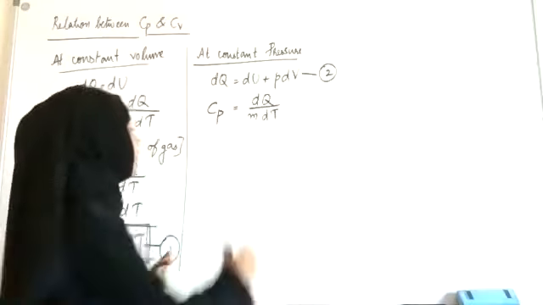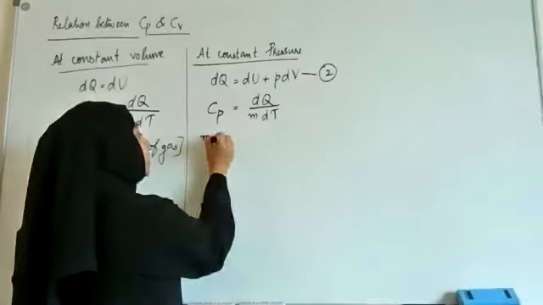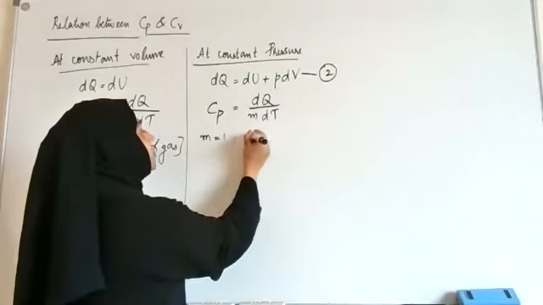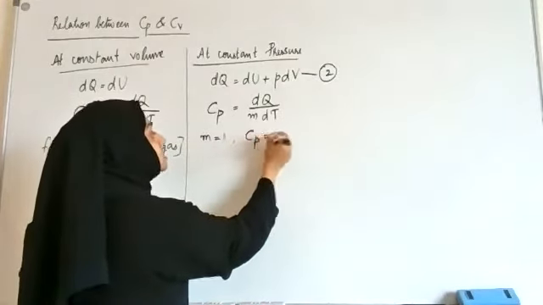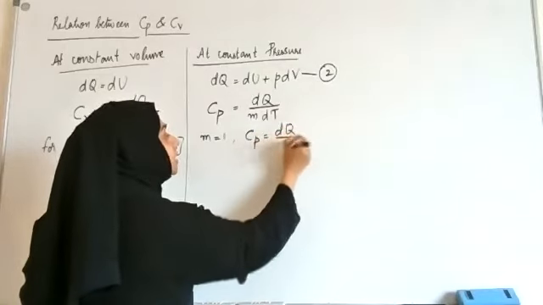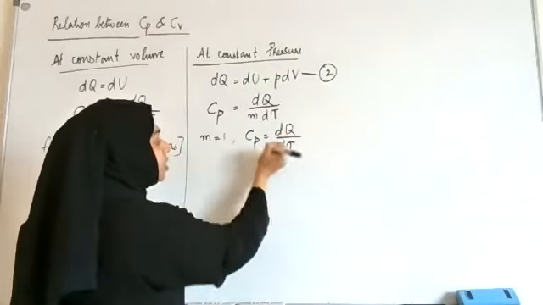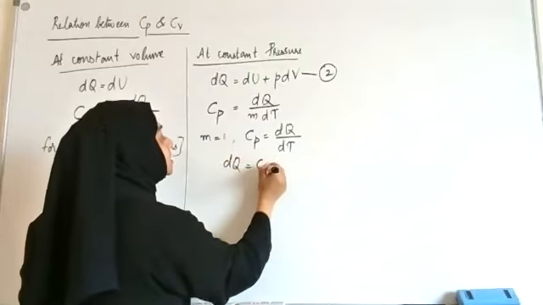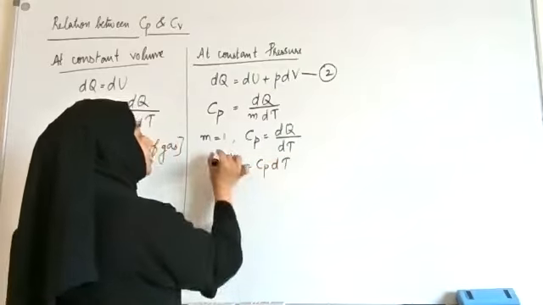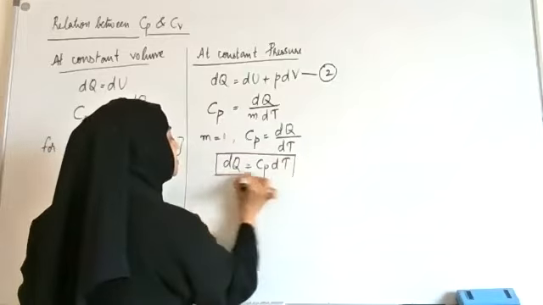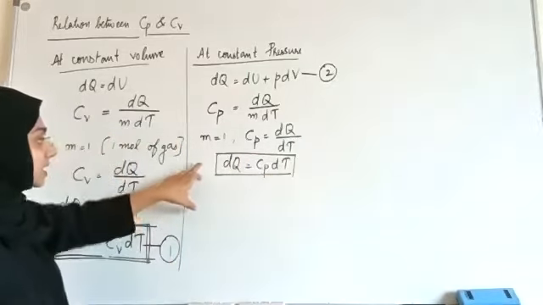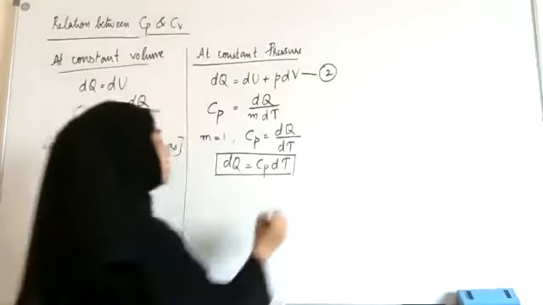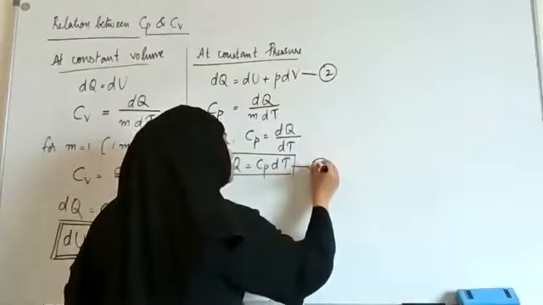That's all. Now for m is equal to 1, which means for 1 mole of gas, this equation can be written as Cp is equal to dq divided by dT. Or you can write dq is equal to Cp dT. So this is for constant pressure, and we will again use this expression to substitute in equation 2. So let me note it as equation 3.